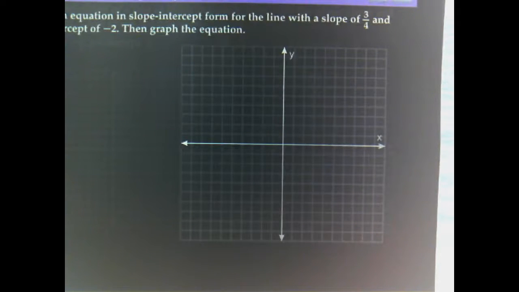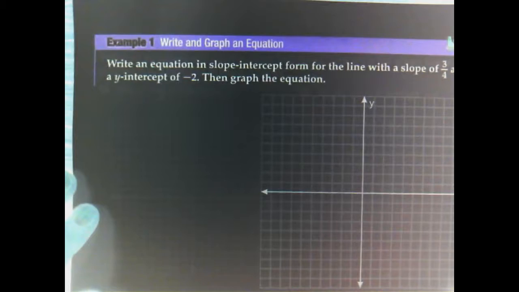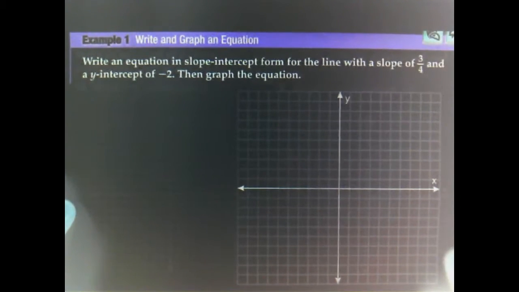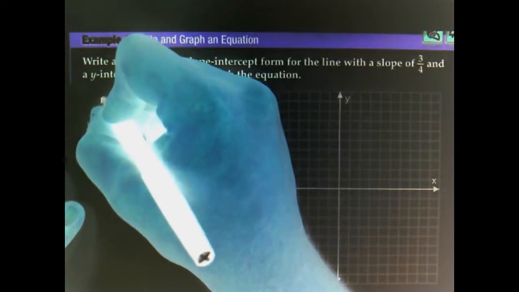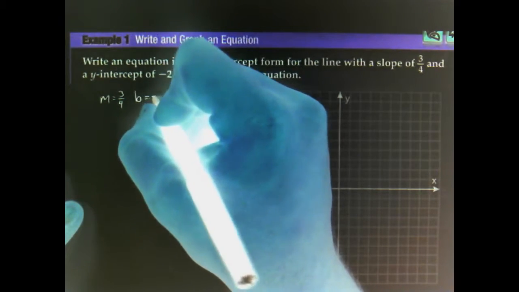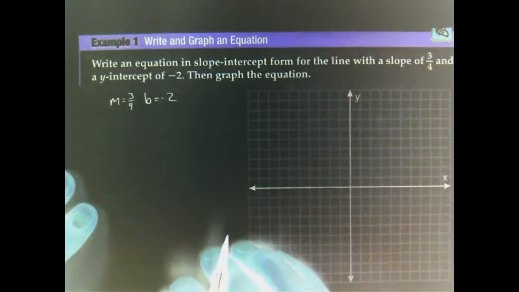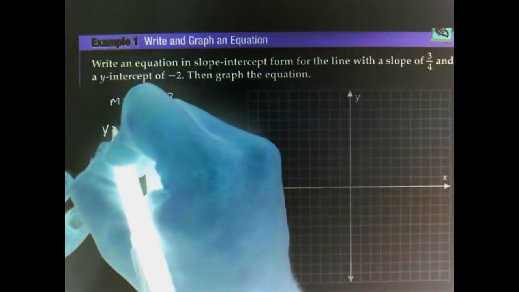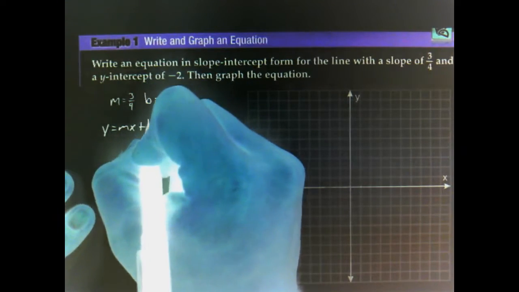If we take a look at example number 1 here, it says write an equation in slope-intercept form for the line with a slope of 3/4 and a y-intercept of -2, then graph the equation. So if my slope is 3/4 and my y-intercept is -2, all I need to do is plug those in to y equals mx plus b.